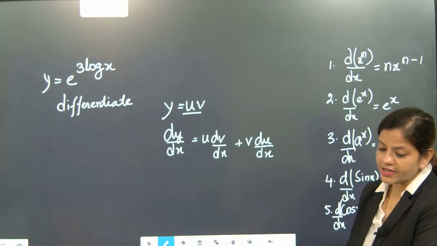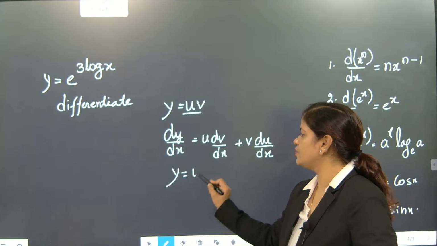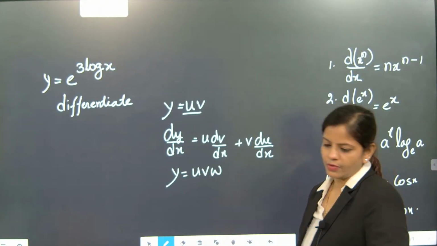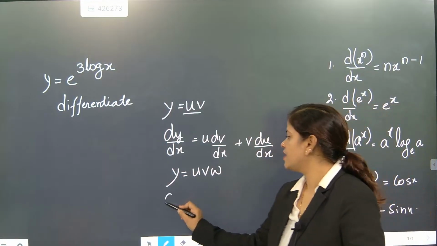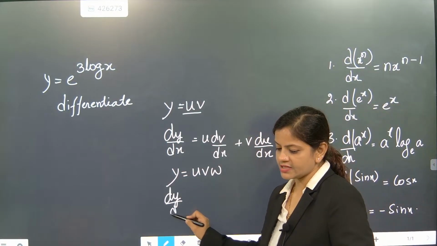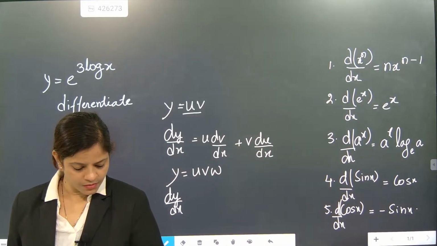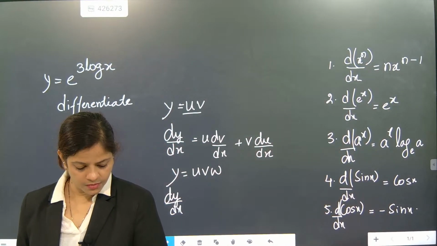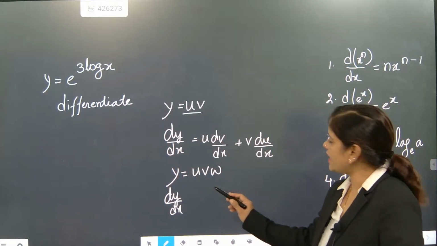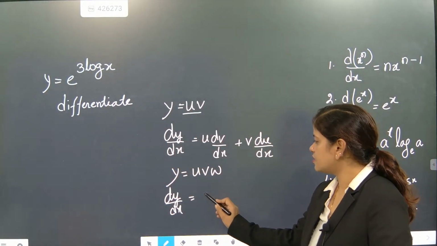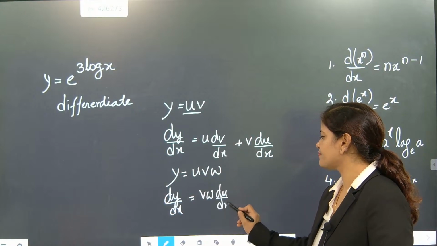Okay. So if there are 3 functions, then what will you do? If y is equal to u v w, how are you going to differentiate? So dy by dx: one time we use u and leave the other two.